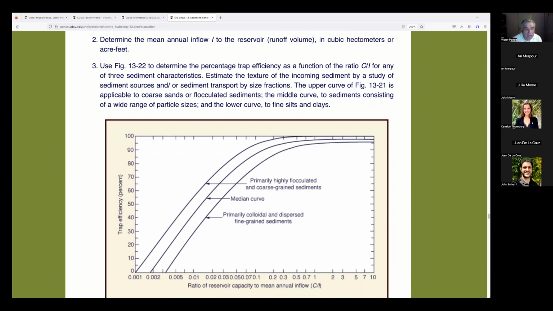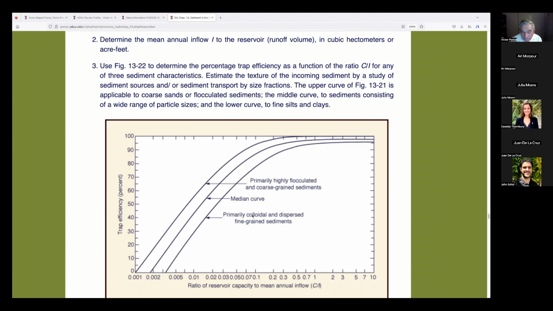C over I for any of 3 sediment characteristics. Estimate the texture of the incoming sediment by a study of sediment sources and/or sediment transfer by size fractions. So we have 3 in here: fine-grained sediments, median curve, and coarse-grained sediments. If you're looking at sands on the order of 1 millimeter, that would be coarse.